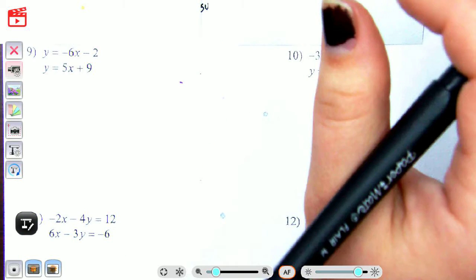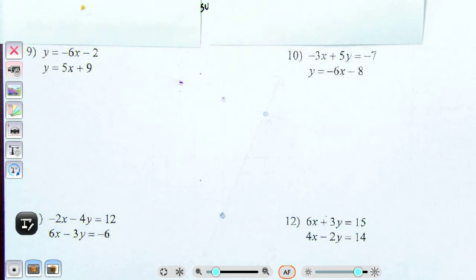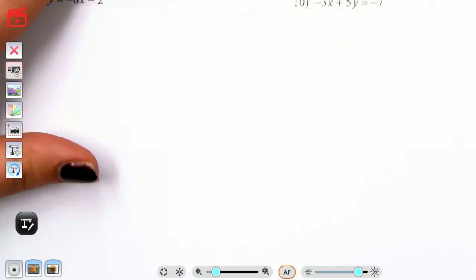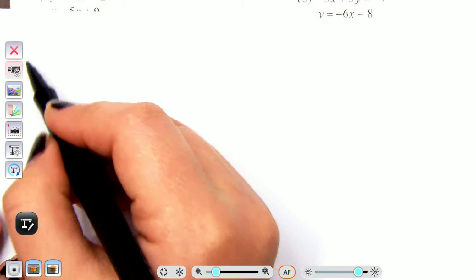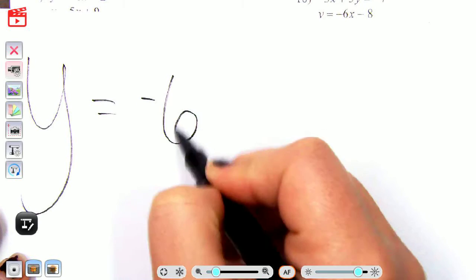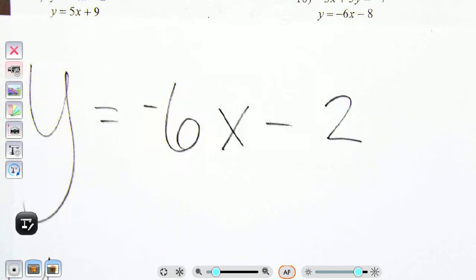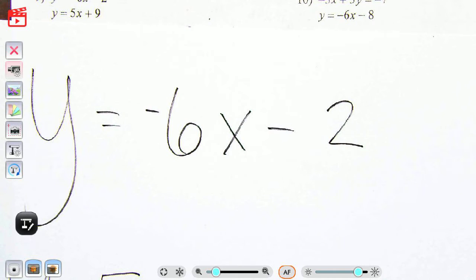And I'm actually going to go off to the side a little bit and write these really, really big. y equals negative 6x minus 2. And y equals 5x plus 9.